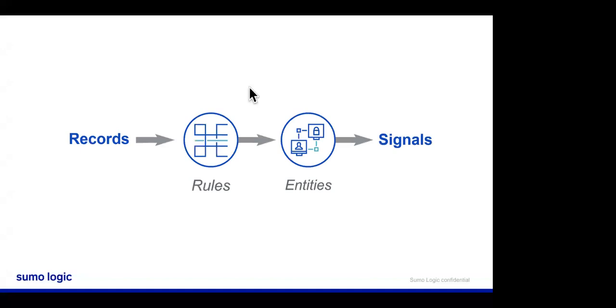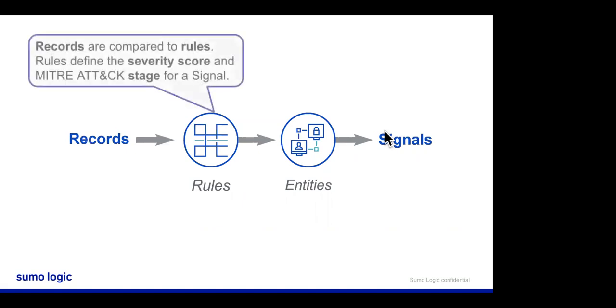So then that generates these records. And these records don't necessarily indicate a threat yet, but now we're going to compare them against our rules within the product. And if we find one that matches the rules, we're going to extract out the entity of that record, and we're going to generate a signal. And then from that signal, we're going to correlate that signal. So again, the rules are defined based on the MITRE ATT&CK framework.